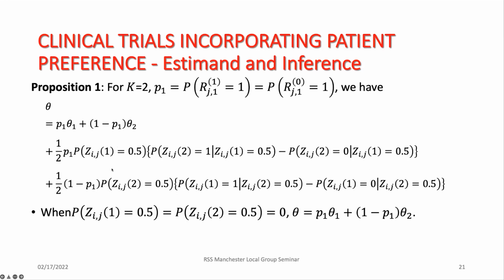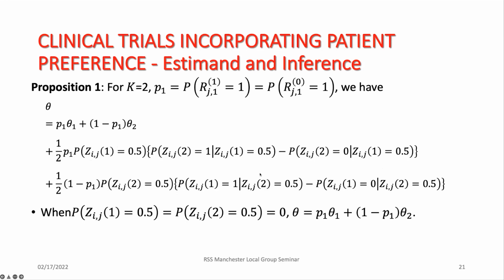These two terms are the ties. When the first outcome is tied, what is the chance that the second outcome is preferred? And similarly, when the second outcome is tied, what is the chance that the first outcome is preferred?